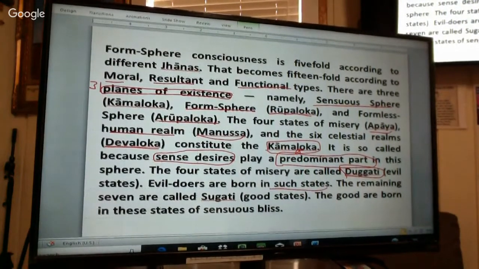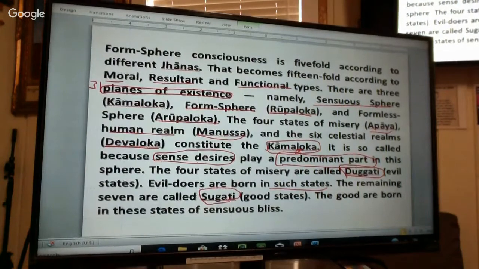And the remaining seven we call Sukhati. Sukhati includes our human beings and the six celestial beings. Altogether seven realms we call Sukhati. Su means good, like Sumana, a good mind.